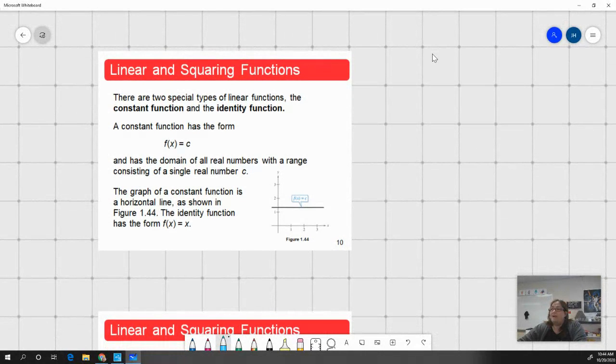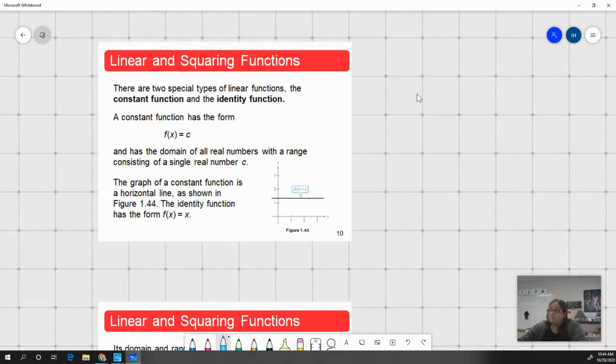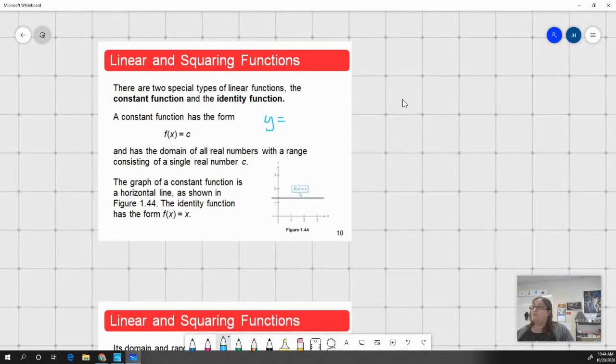When you have f of x equals c, remember that f of x is just y, right? So that's like saying y equals c. So wherever c is here, you're going to have a straight line. So if I had y equals 3, that would graph as a straight line through 3.